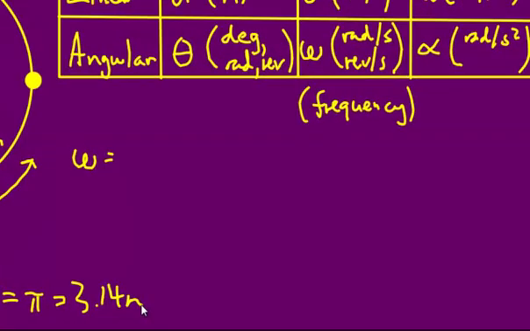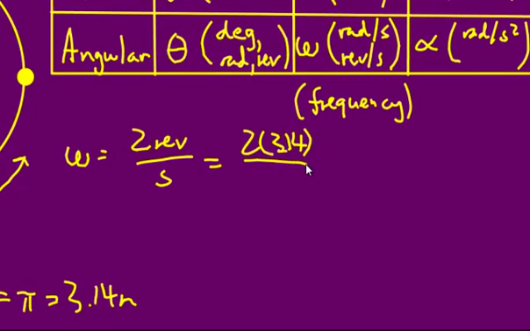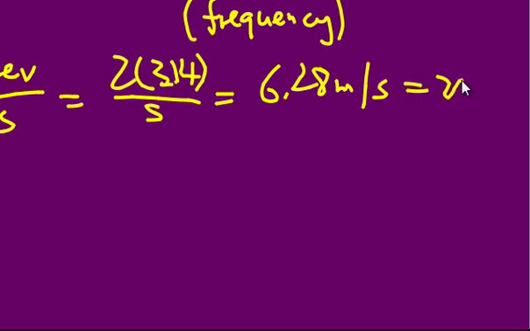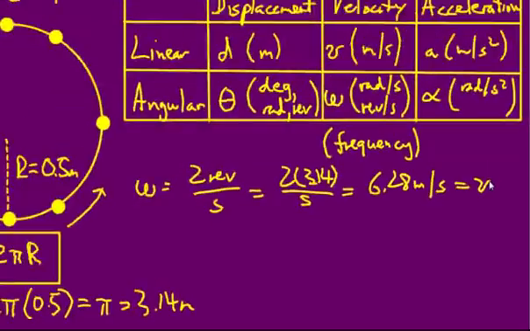If I know that, then I can easily convert this to meters per second, because I know each revolution is 3.14 meters. So that would just look like this: 3.14 times 2 per second, that's 6.28 meters per second, which is the velocity. I've just converted from angular velocity to linear velocity.